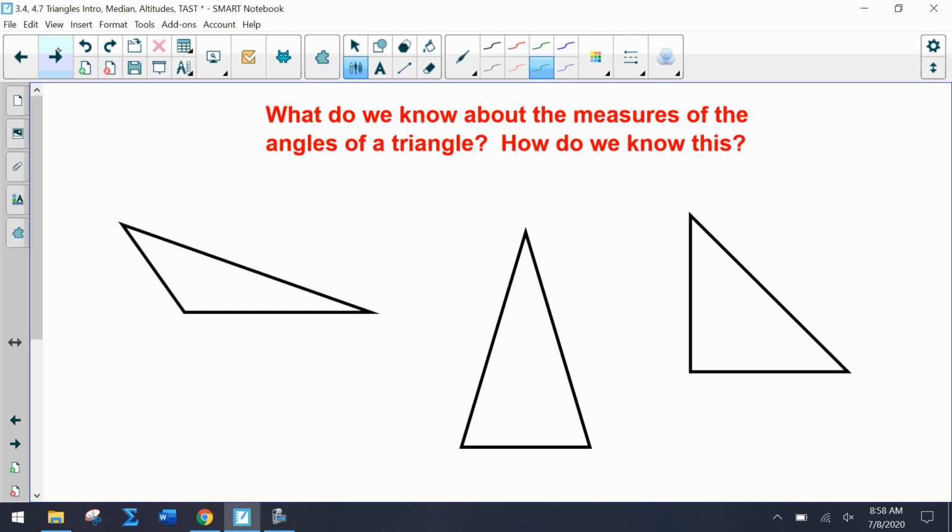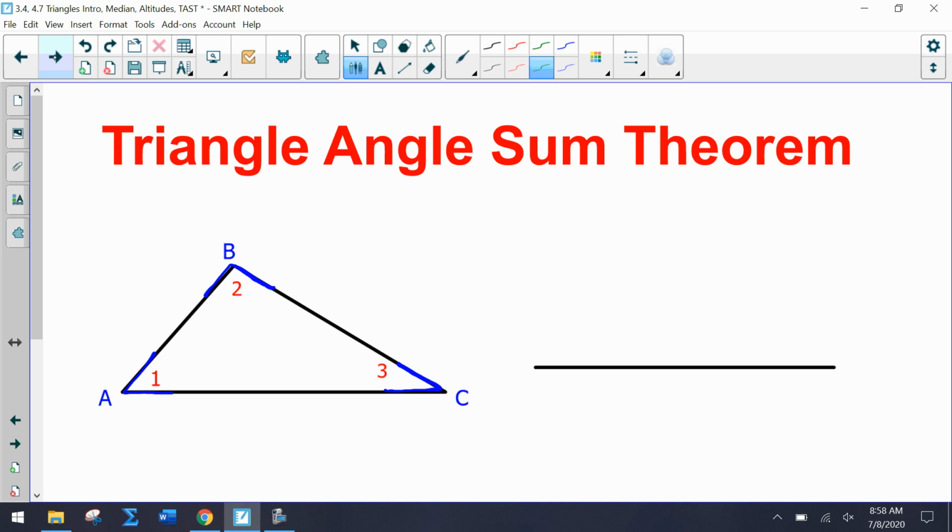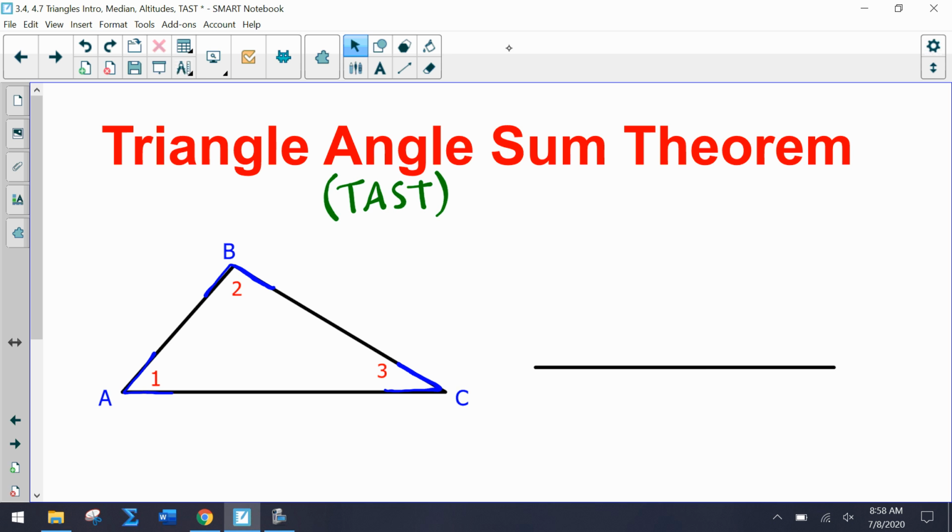And I think we mentioned this before in the notes, but we know that the angles in a triangle add up to 180 degrees. Okay, so I'm going to show us how we would know that. And something called the triangle angle sum theorem, which we can abbreviate to TAST, T-A-S-T. So remember back in the last unit, we had a single line, right?